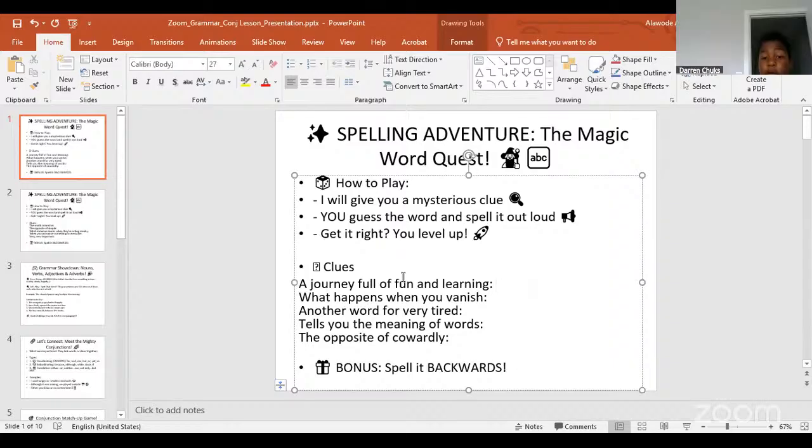A journey full of fun and learning. What happens when you vanish? Another word for very tired. Tells you the meaning of words. The opposite of cowardly.